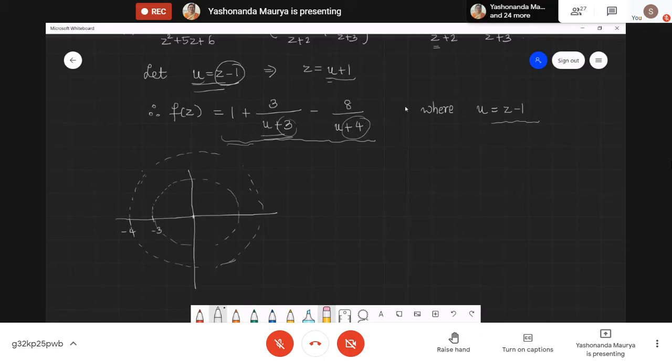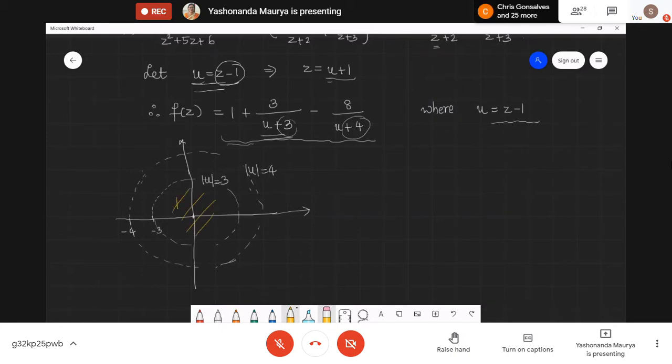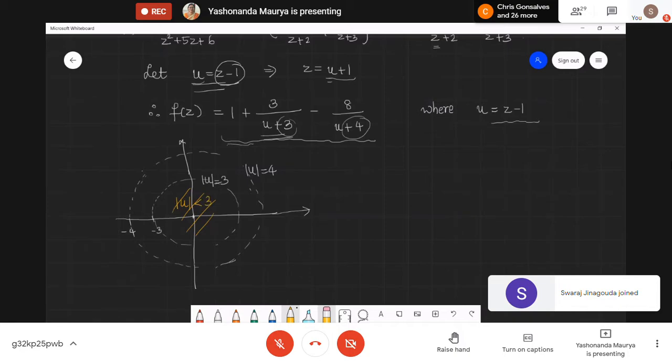Now these two circles, what are the equations? The equation of this circle is mod of u equal to 3. What is the equation of this circle? Mod of u equal to 4. Now these two circles divide the entire complex plane into regions. What will be the first region? The first region is the innermost region, and this is nothing but mod of u less than 3.